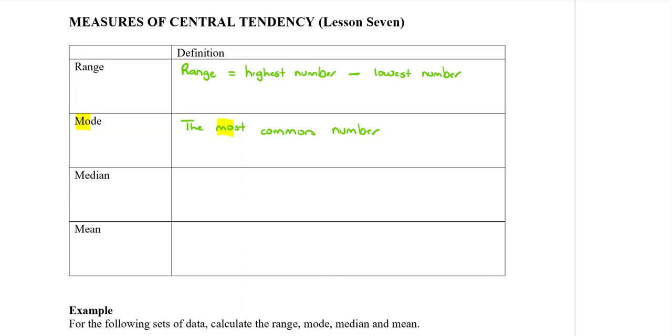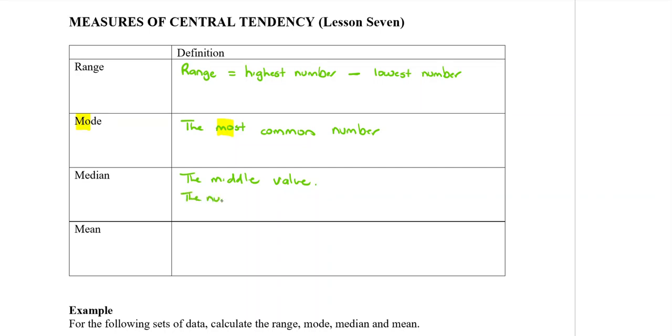Median is the middle value, but little clause on that, the numbers have to be in order from smallest to largest to find that middle value. So let's write that in.